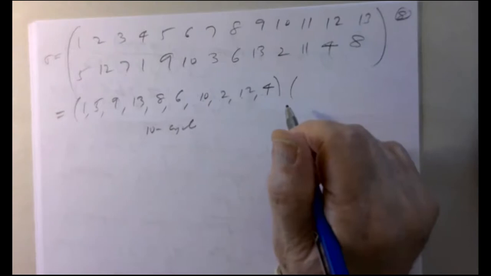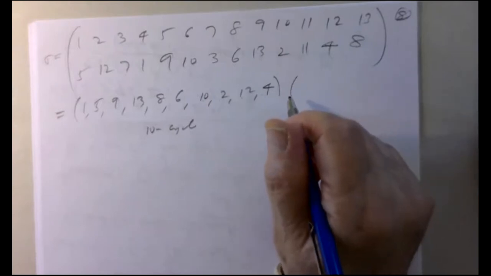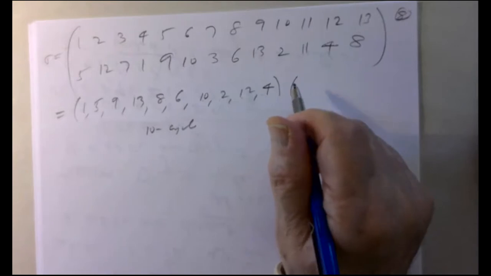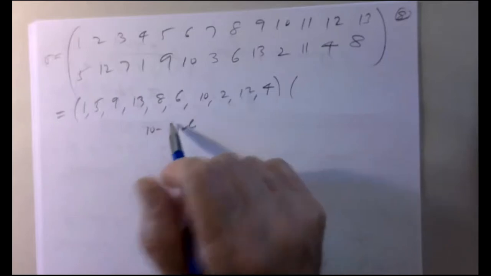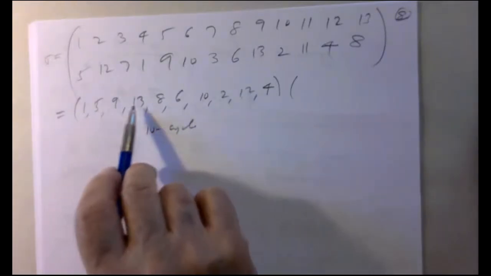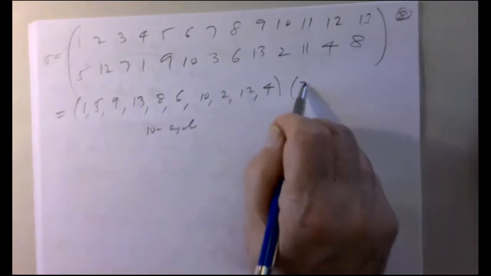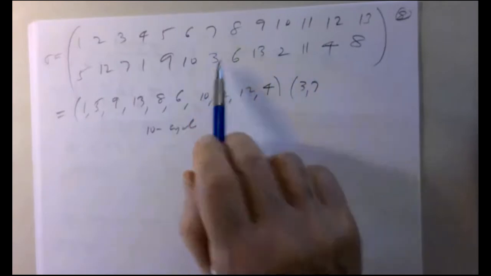And what's the next cycle? No, we already have that. 9's already in this cycle. So you look for a number that hasn't been used yet. For example, the first number that hasn't been used is 3. 3 goes to 7. 7 goes back to 3.